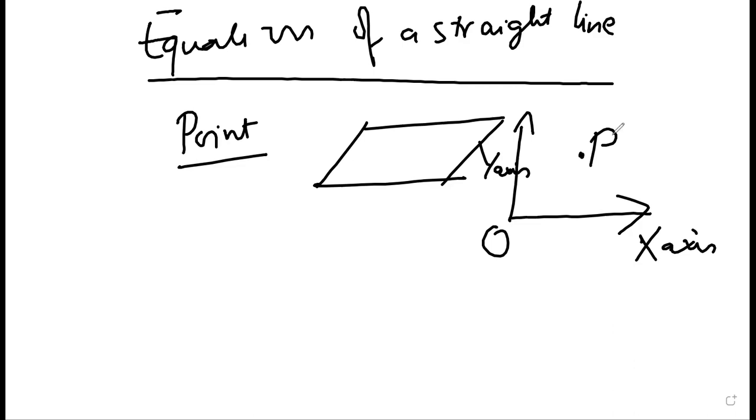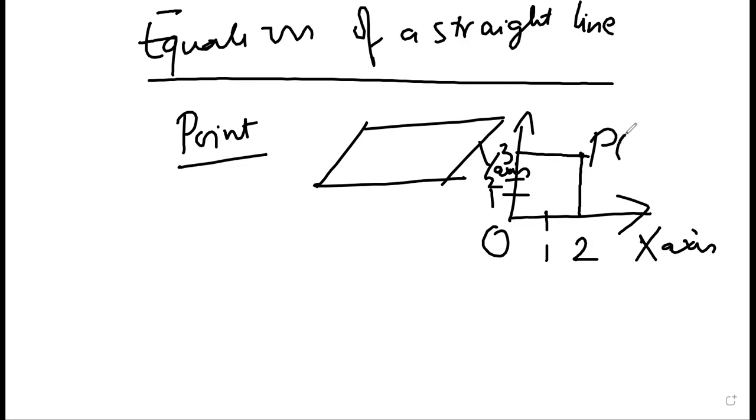Now, when we talk of finding the coordinates of a point, we say, let us say this is 1, 2, and here it is 1, 2, and 3.